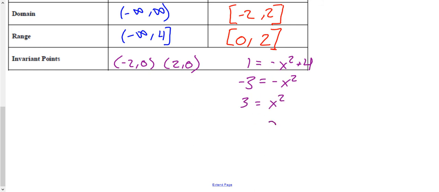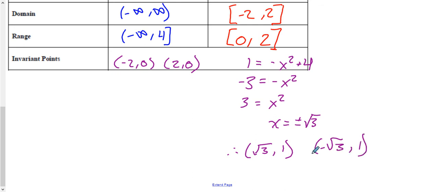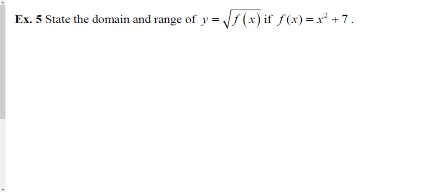And of course, square rooting now, you'd have x equals plus or minus √3. So therefore, you'd have another invariant point at (√3, 1) and at (-√3, 1). So again, you have about 4 invariant points on this question here.